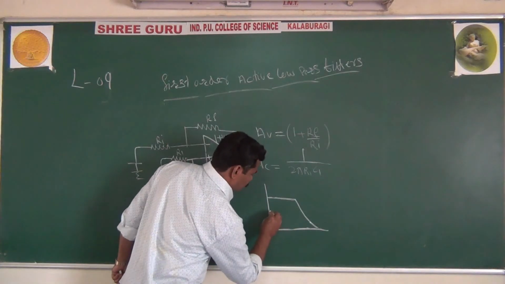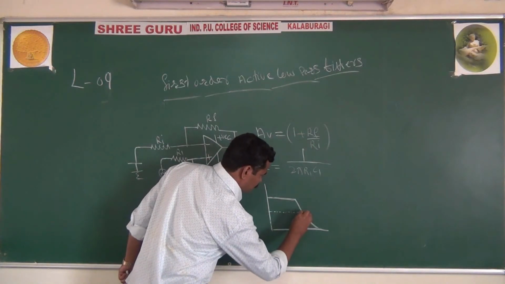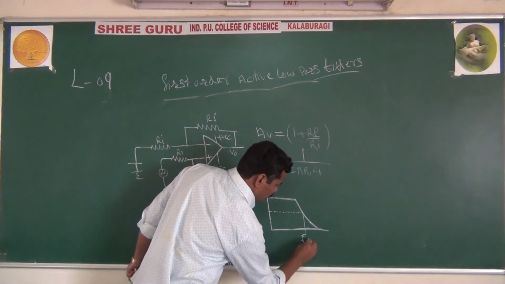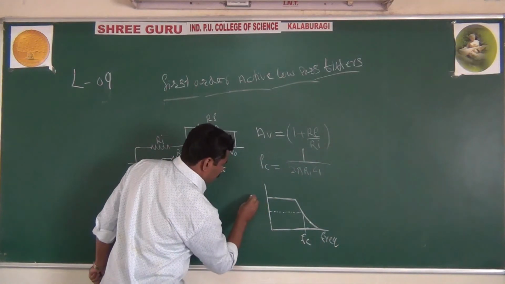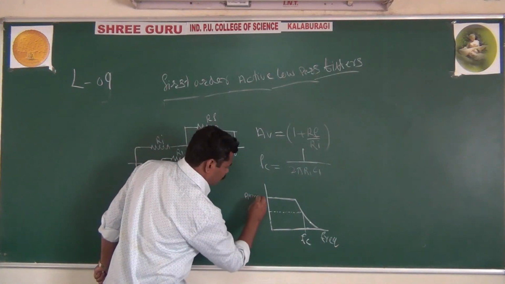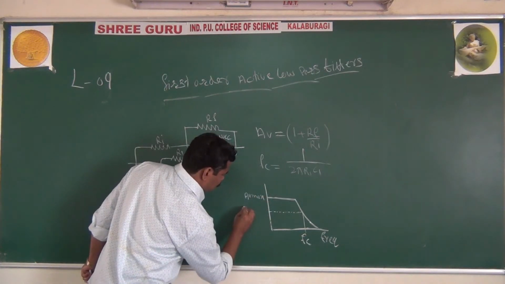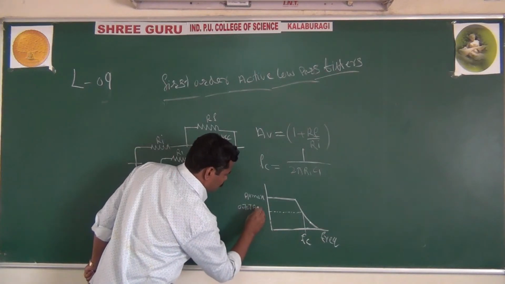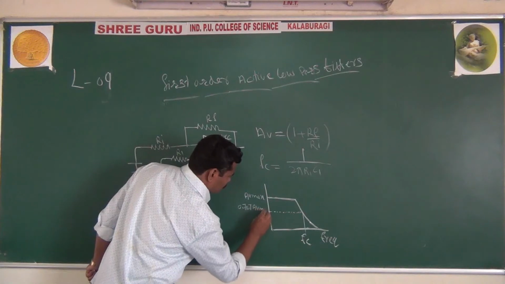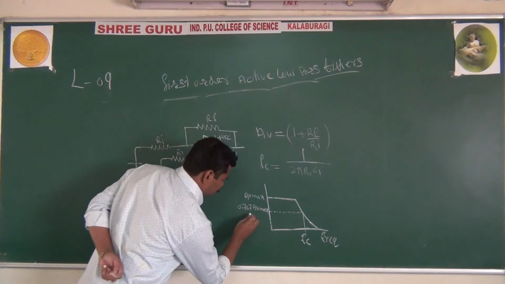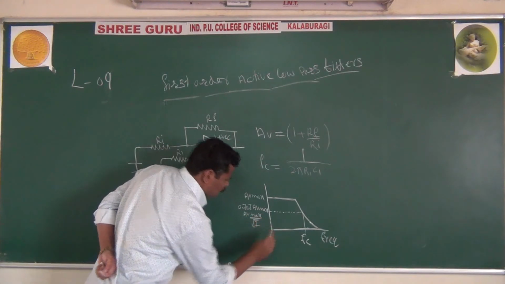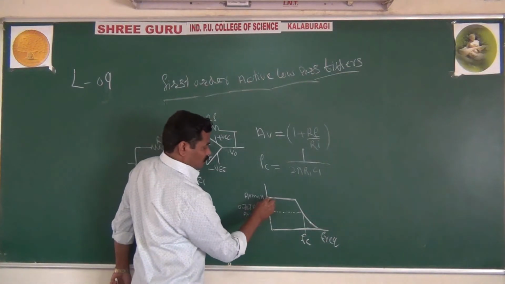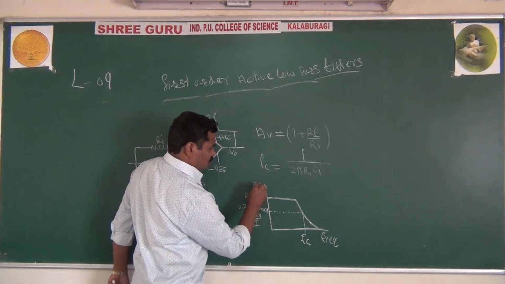Here is the cutoff frequency FC, here is frequency, and here is AV maximum. At the cutoff, the gain is 0.71 times AV maximum, or AV maximum by root 2. Here this axis is AV, the voltage gain.